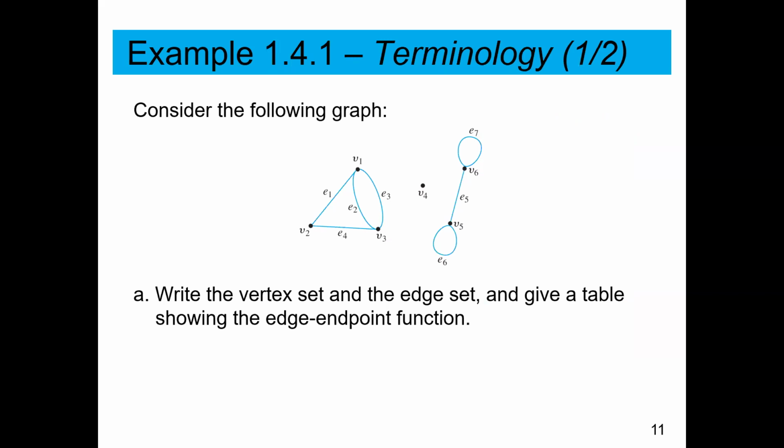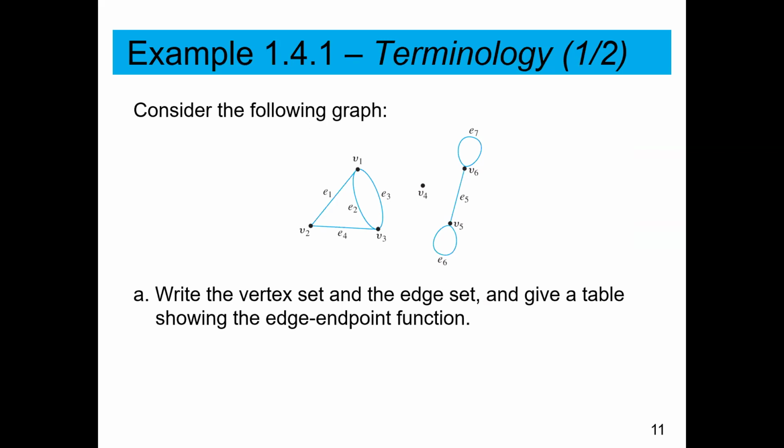Here, I have a graph. I want to know the vertex set and the edge set, and then I want to give a table to show the edge endpoint functions. So let's just start with what is the vertex set and the edge set. Go ahead and pause the video. All right.